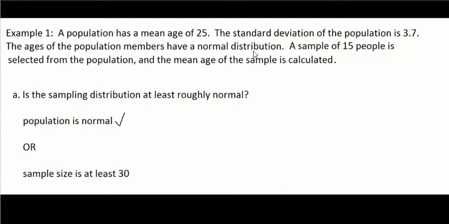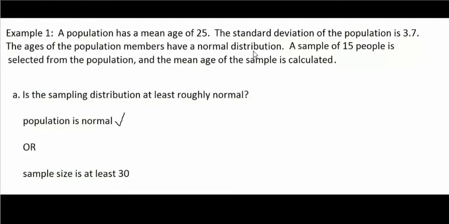But now, in this type of problem, we actually have a new checklist we have to go by to decide if the problem can be solved, because it's a little bit more complicated than it used to be. Now we're not just checking off if the population is normal. Now we're checking off if the sampling distribution is normal, which means, in this case, the possible samples of 15 that could be selected.